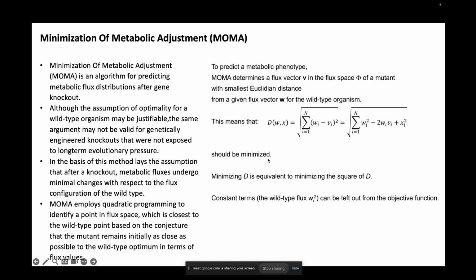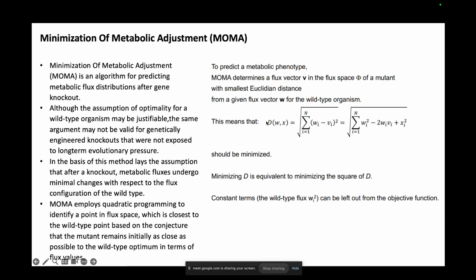It's as simple as that. You take the Euclidean distance between them, which, you know, is the square root of (xi minus xj) whole squared plus (yi minus yj) whole squared, something like that. You are trying to minimize that based on the assumption that your newer flux will not be dramatically different from your older flux even after a knockout.